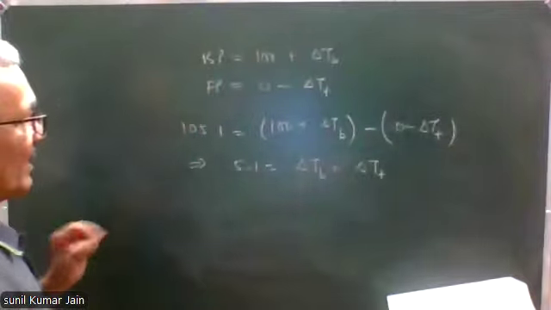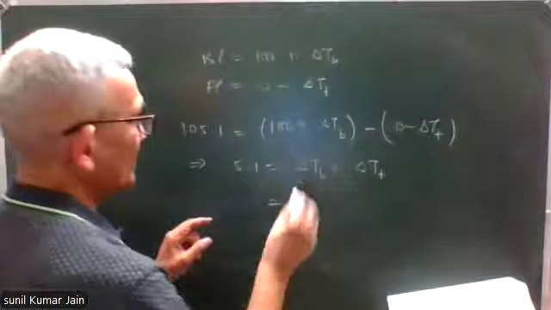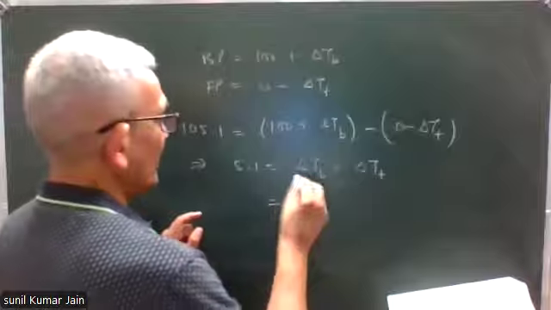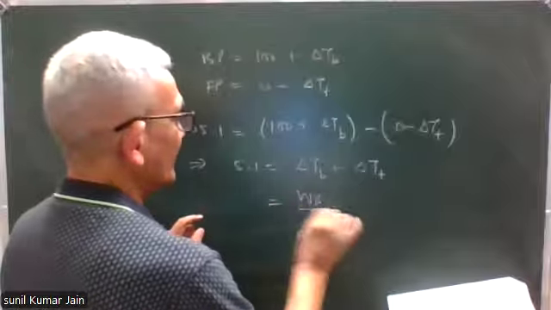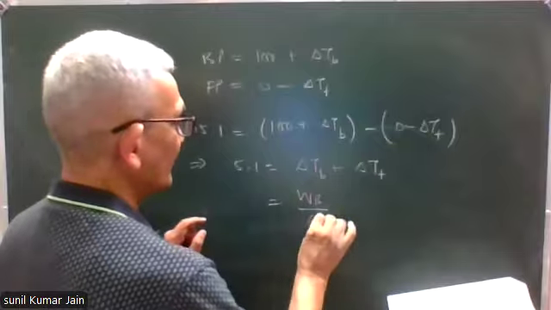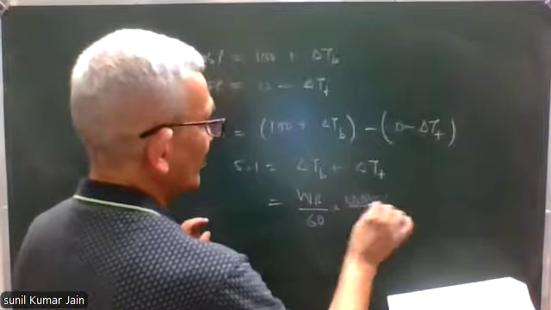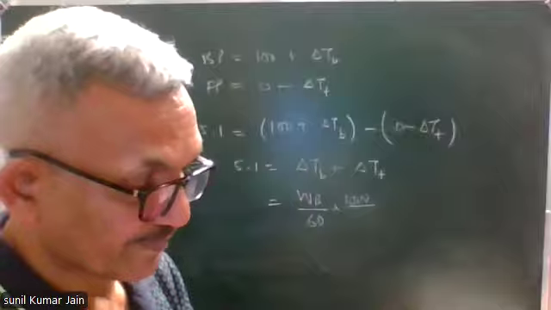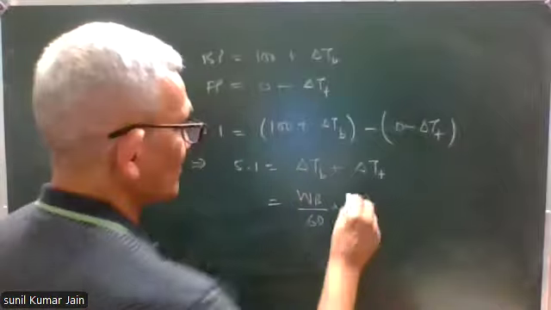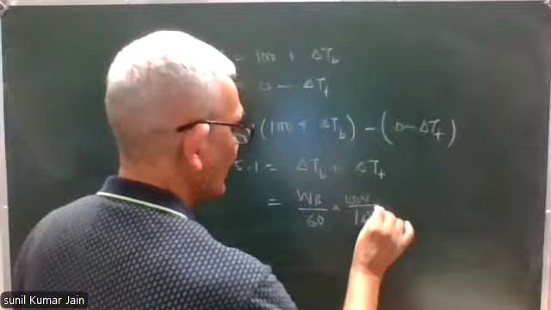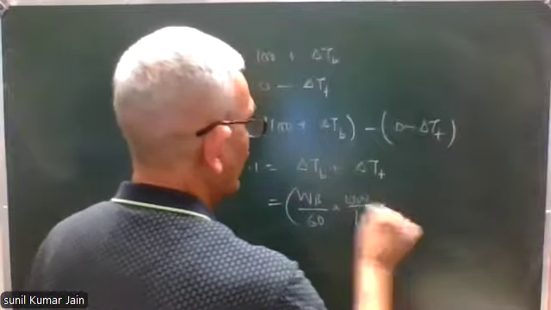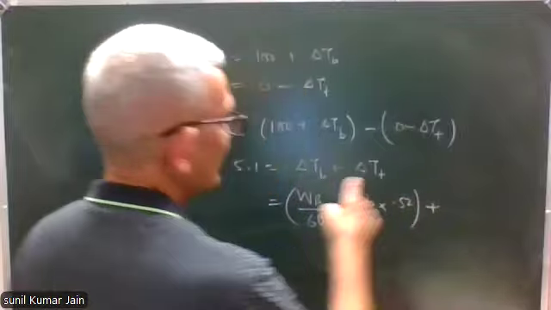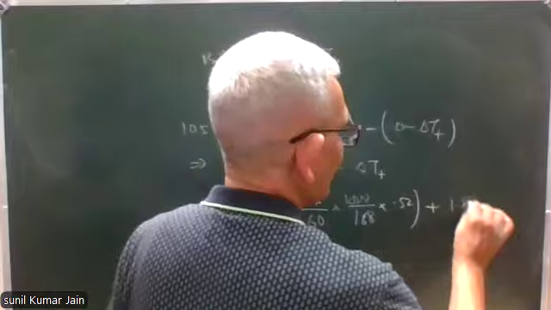Right? Now, delta TB will be equal to, see, i value will be 1 for urea, weight of urea divided by molecular weight into 1000 divided by 168 grams of water into Kb, which is 0.52. Then delta TF, Kf is 1.86.